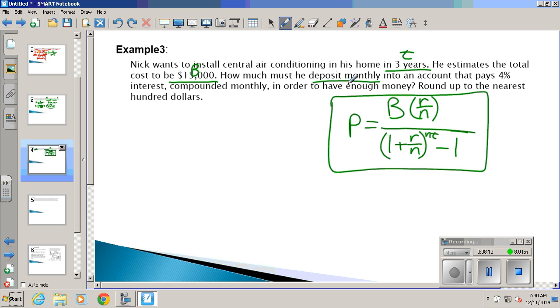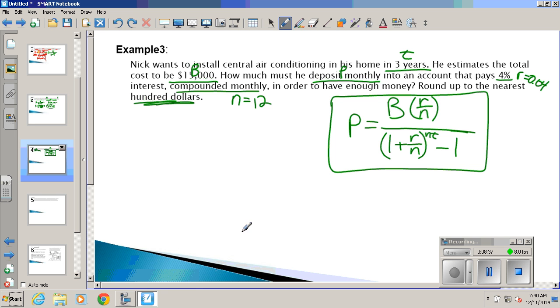How much you must deposit is my P, principal, present amount, into an account that pays 4% interest, so my rate is 0.04. Compounded monthly, so that means that my n is 12 times a year. And I want to round up to the nearest $100.